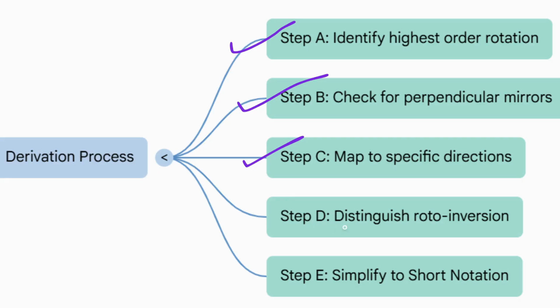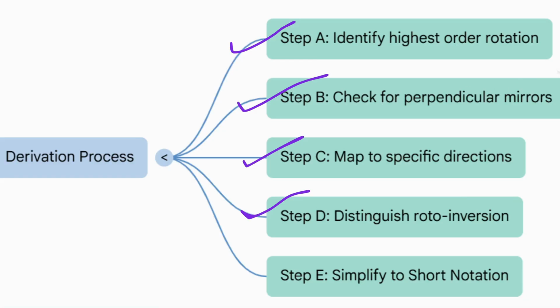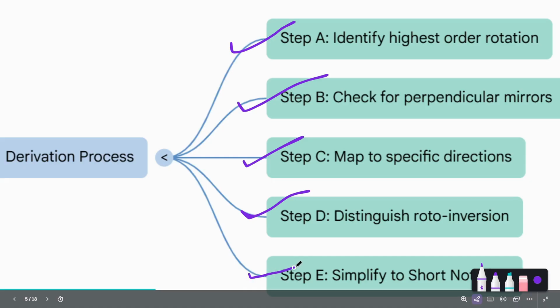Then the next one is to distinguish the roto-inversion axis from the other rotation axes, and simplify all these symmetry elements into some notation. That is nothing but making the final point group.